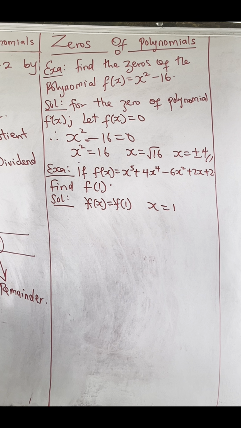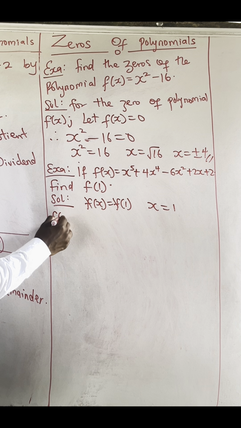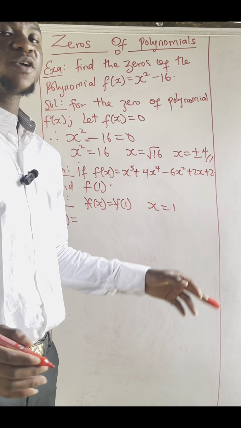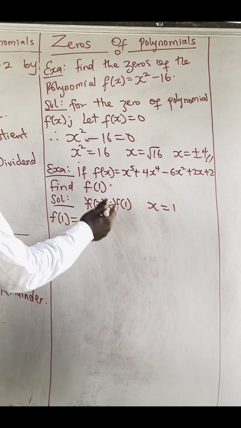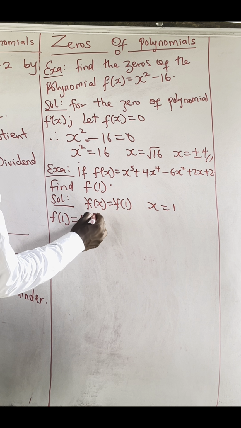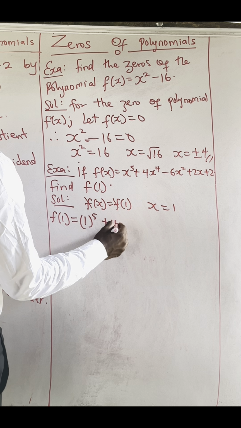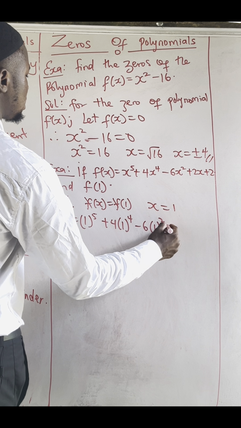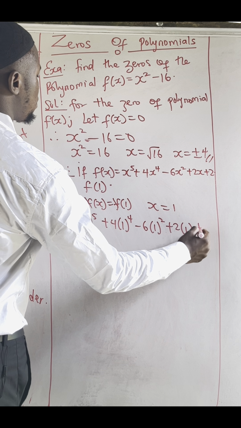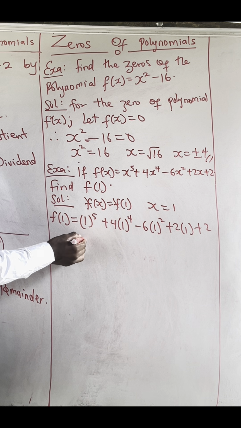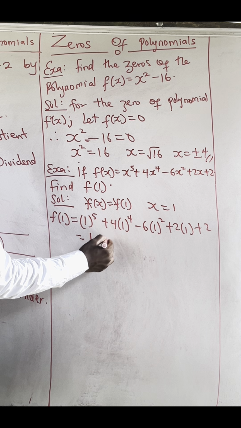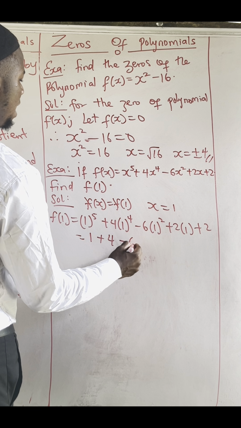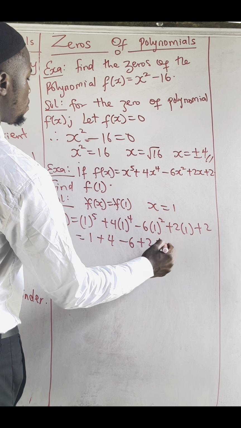Are you there, guys? So therefore, my f of 1 will just equal, wherever I see x, I'm going to substitute it as 1. So this will just be 1 raised to power 5, plus 4 times 1 raised to power 4, minus 6 times 1 squared, plus 2 times 1, plus 2. 1 raised to power 5 is 1, plus 1 raised to power 4 is 1, this is 4, minus 6, plus 2, plus 2.